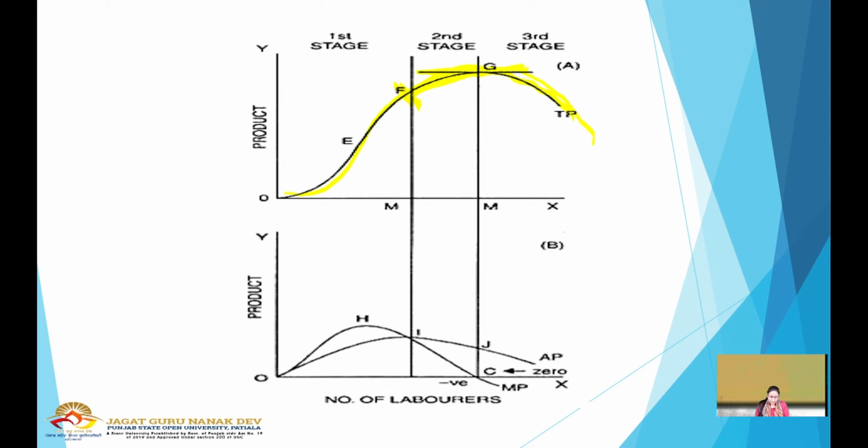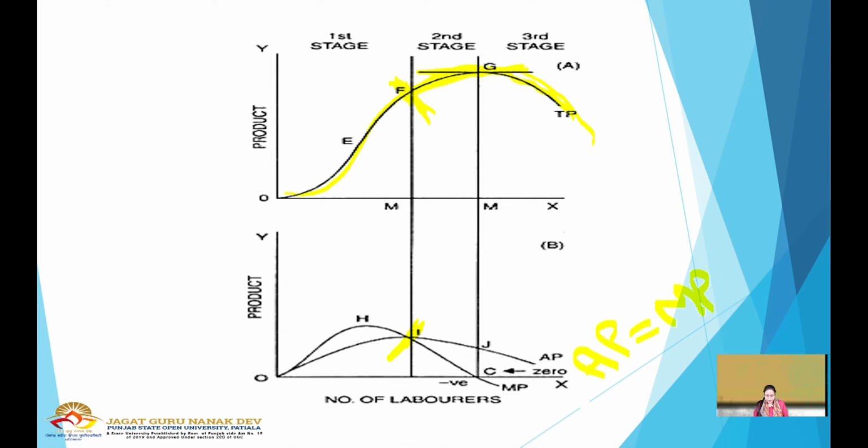On the other hand, there is a point where AP is equal to MP.